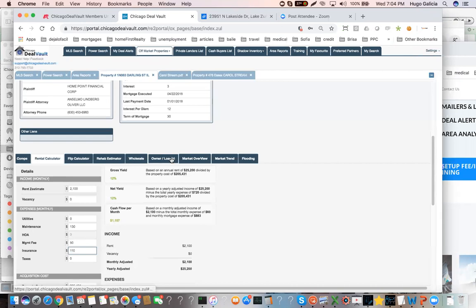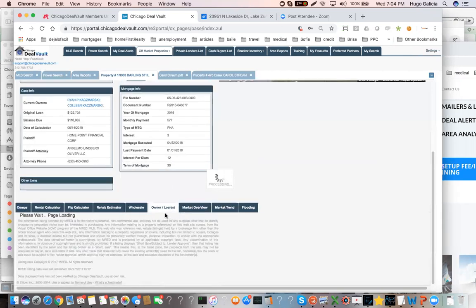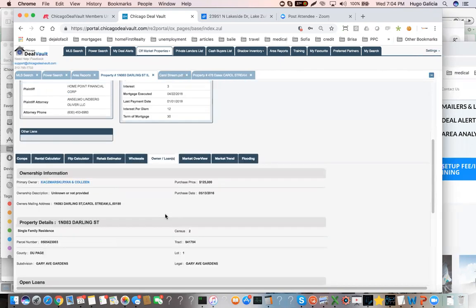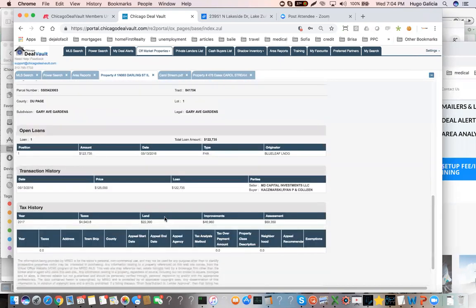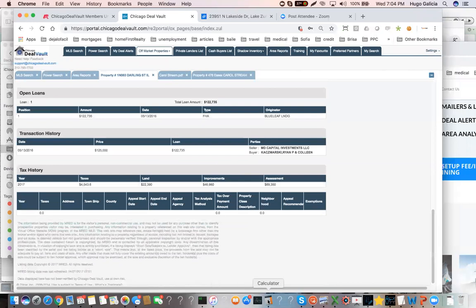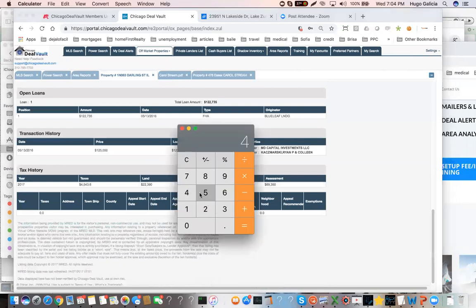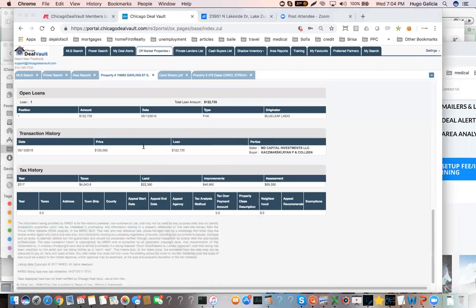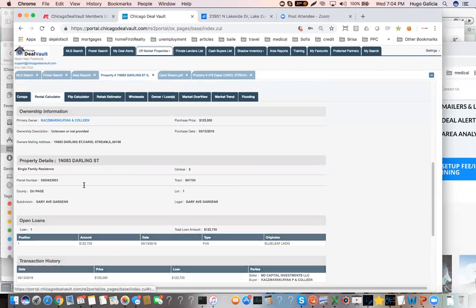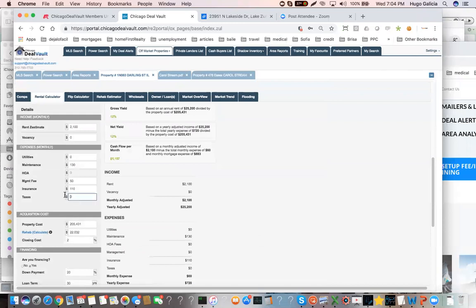And then taxes. I'm going to click on the owner loan to look at the taxes. If we scroll down, the taxes are $4,500. So $4,500 divided by 12 is $375. Let's go back to the rental. $375 for the taxes.